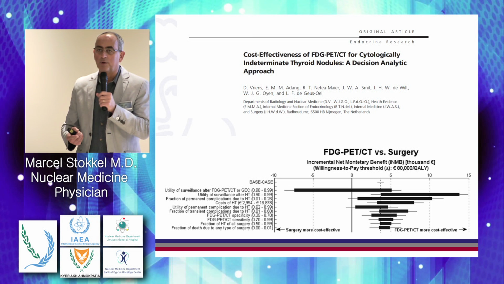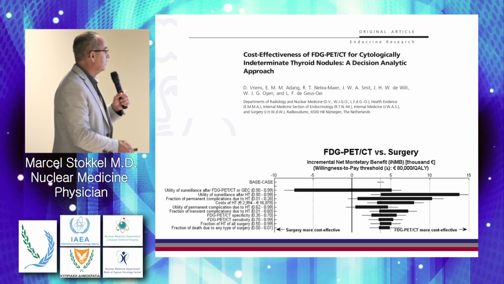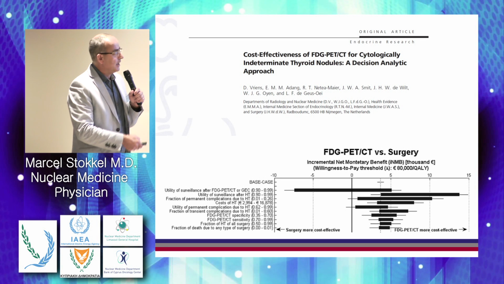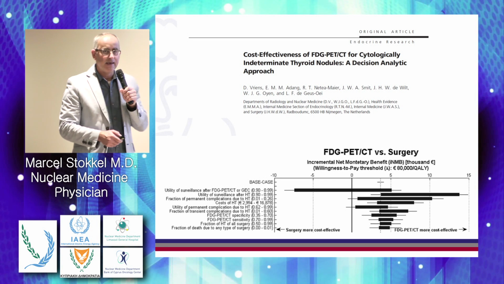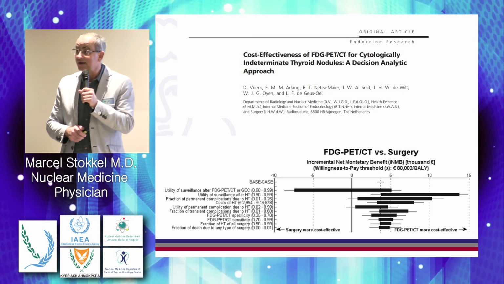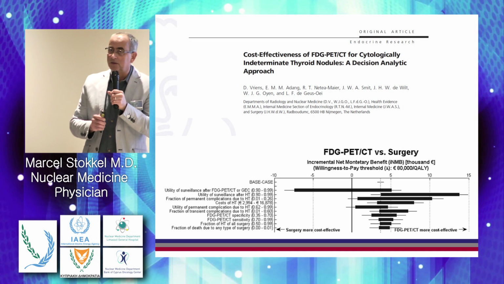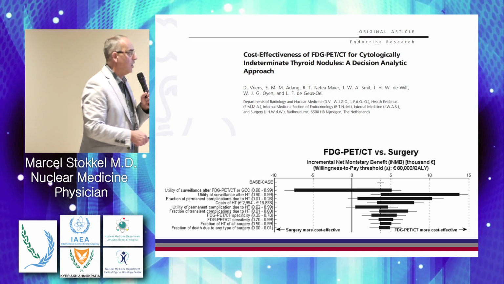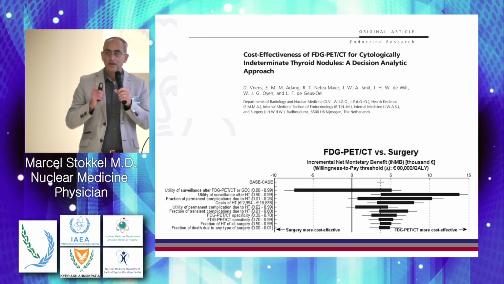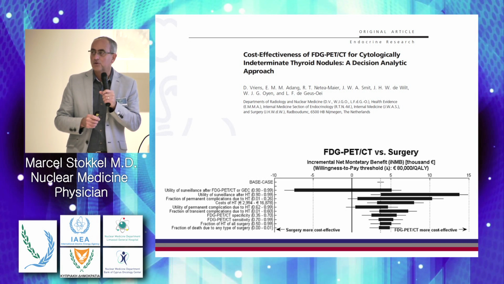It has a high complication rate or not. There are other factors, how to go on with follow-up. And if you put FDG PET scanning into the whole diagnostic strategy, it has been regarded as highly cost-effective. So there might be, based on these results, a role for FDG PET scanning, but you have to realize that you have to go on when there is positive uptake or focally increased uptake.